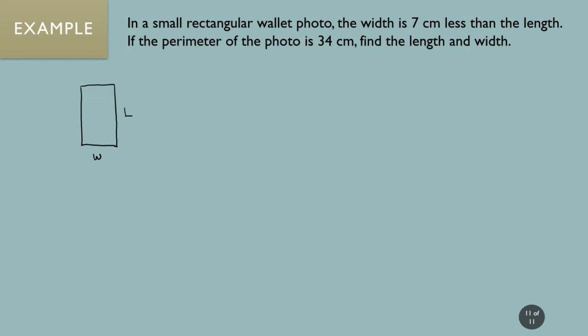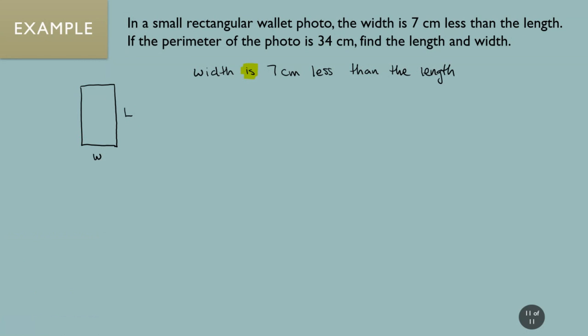And now we're going to translate the sentence, or the phrase, I should say. Width is 7 centimeters less than the length. So I'm going to rewrite that just so you can see the translating here. Width is 7 centimeters less than the length. So here's some key things about translating.